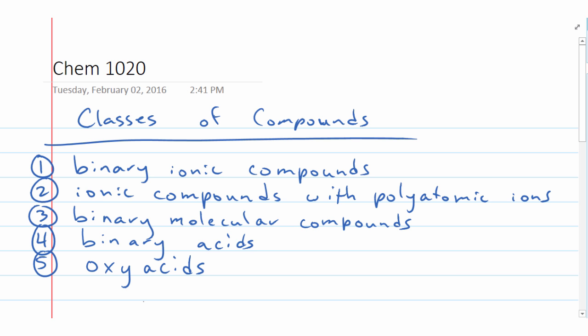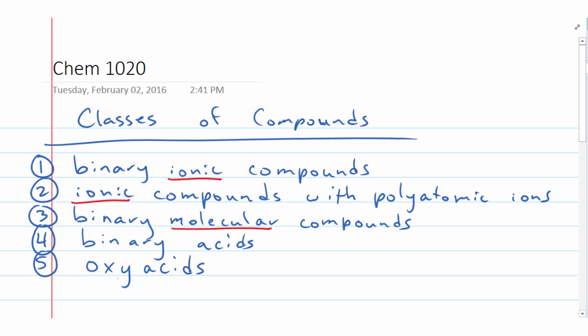So again, we group the compounds into these 5 classes, and each class has its own set of rules by which we write names, though the rules are similar between many of the different classes. So now up to this stage we've defined what ionic and molecular is.